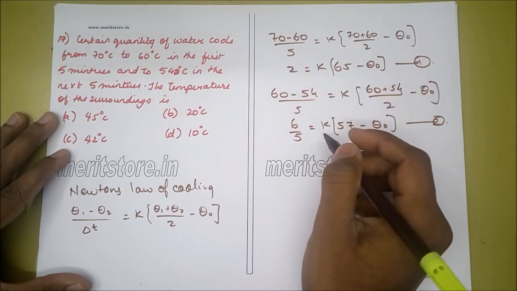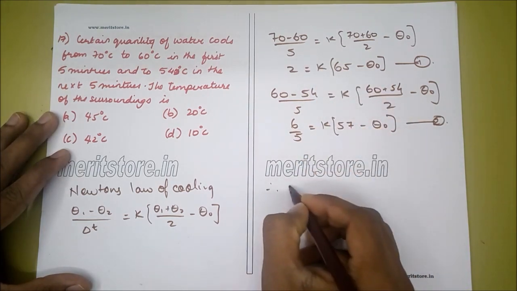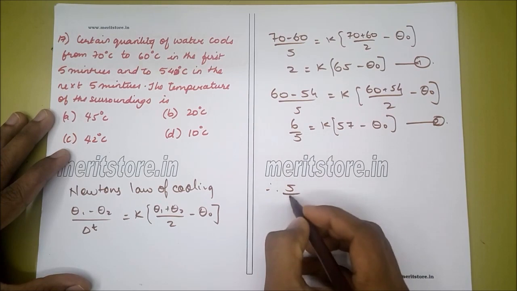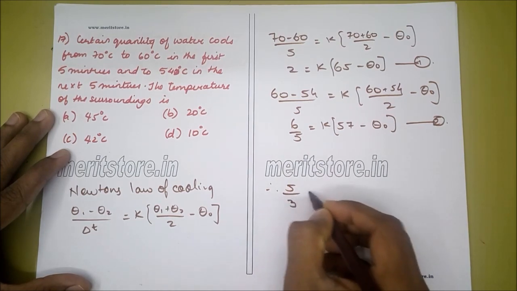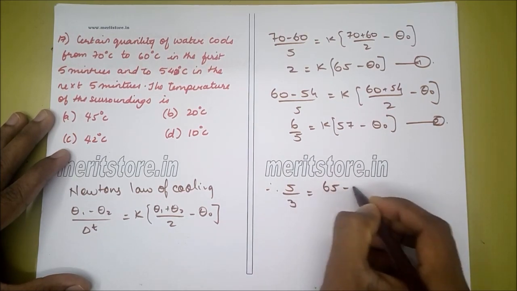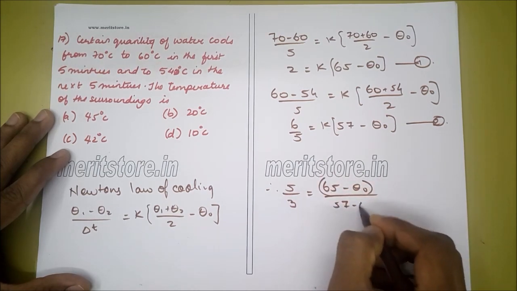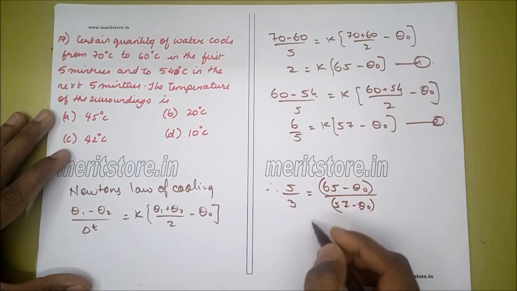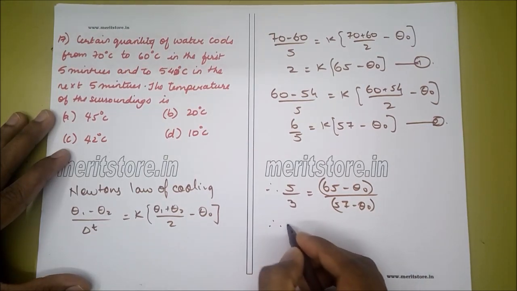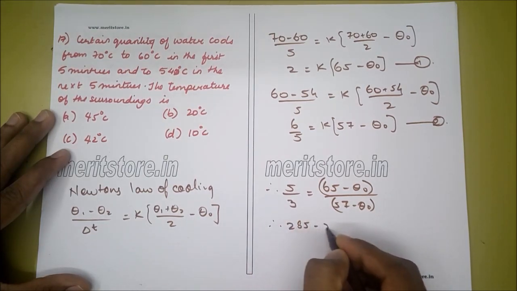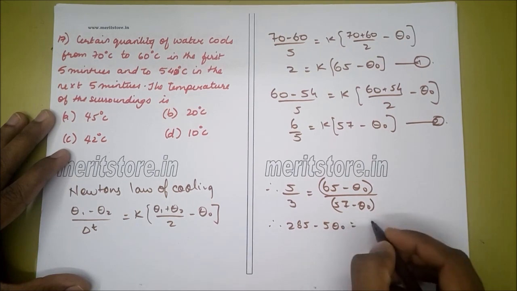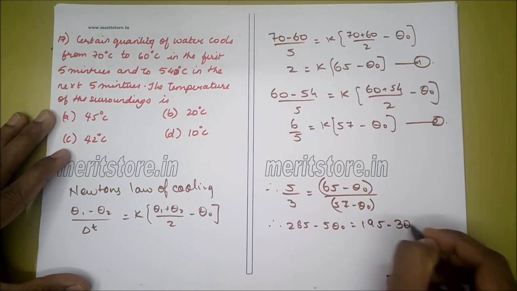Dividing equation 1 by 2, we get 5 upon 3 is equal to 65 minus theta naught upon 57 minus theta naught. So therefore 285 minus 5 times theta naught is equal to 195 minus 3 times theta naught.